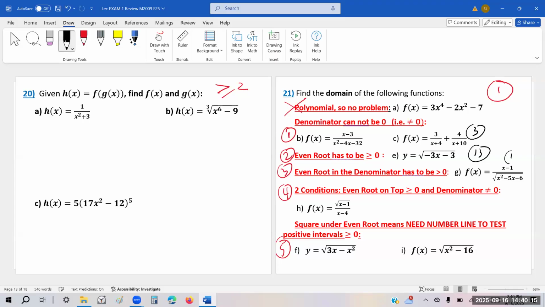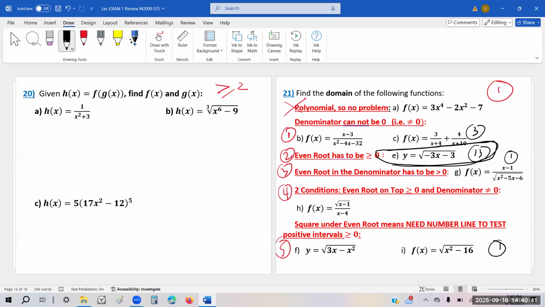Only 1. How many is for the fourth type? Nobody. And the last type? 1. So we have 13 here. Okay.